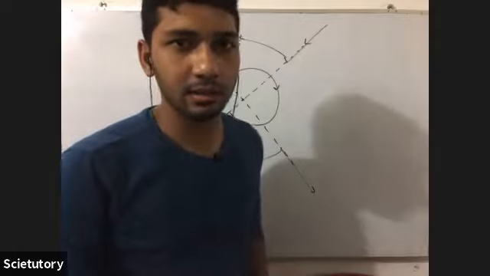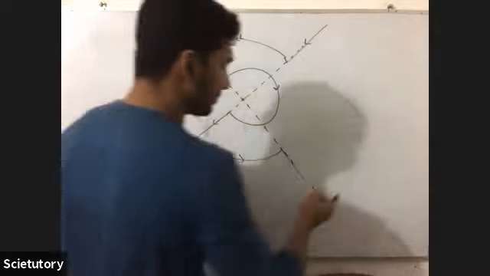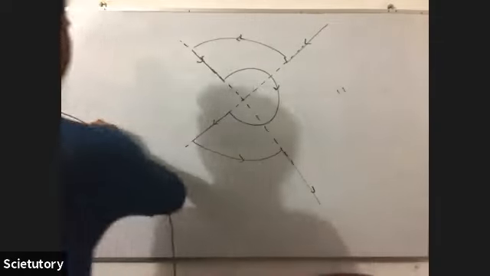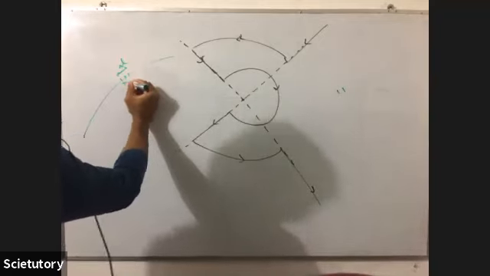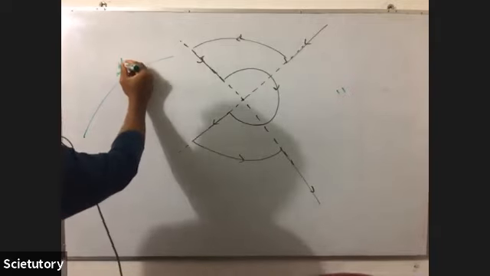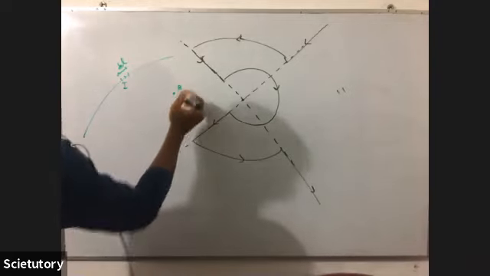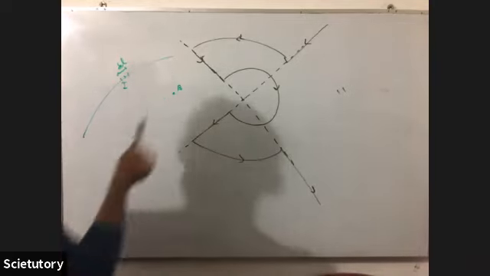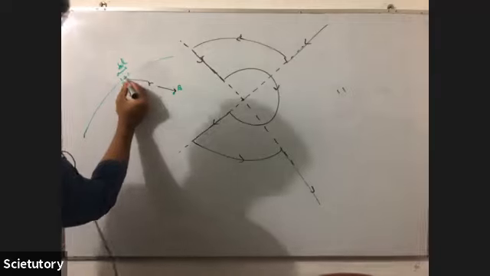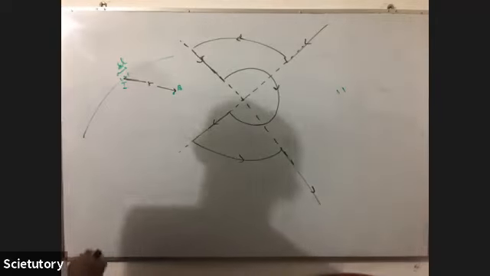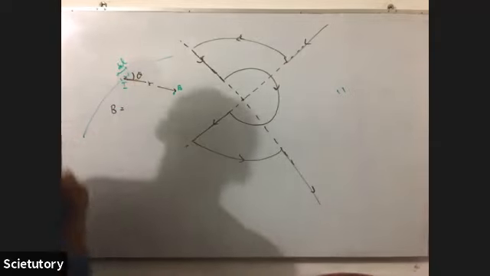When there is a current carrying conductor, a current carrying element, so if it is like this, for example, you take a small element of length delta L and a small element of current I. So what is the equation for the magnetic flux density at this point, which is distance r away from that element? According to Biot-Savart law, B is equal to, tell me. This angle is theta. Okay, now tell me.